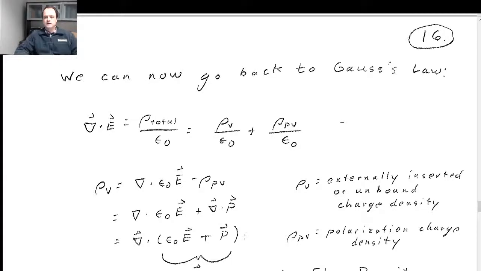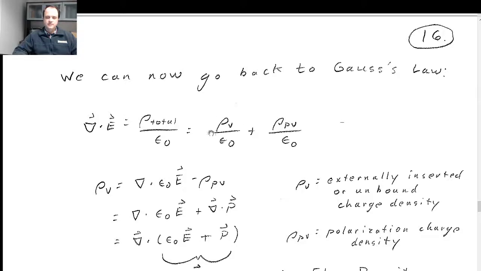All right, so now we can go back to Gauss's law. And we can say, okay, del dot E certainly is rho total over epsilon naught. That's the most fundamental law, that to get the electric field, you take all the charge elements, add them together, divide through by epsilon naught, and that gives us the divergence of E. But now we can split this rho total up into two different types of charge densities.